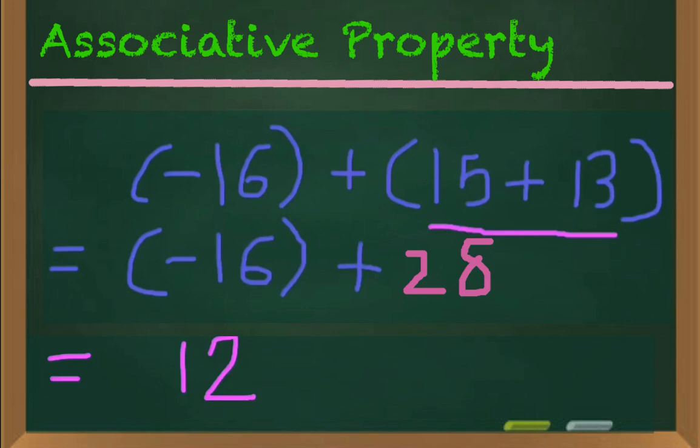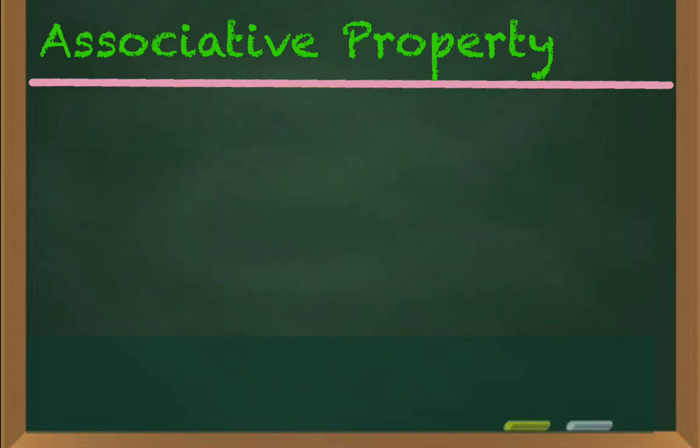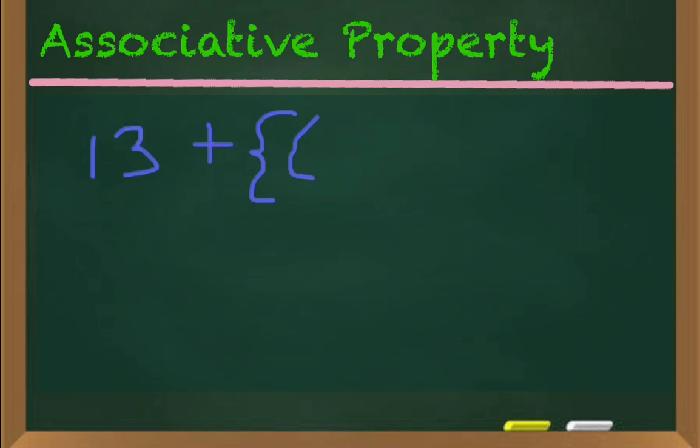Now for example, I change the grouping. That means I have to add (13 plus -16) plus 15.